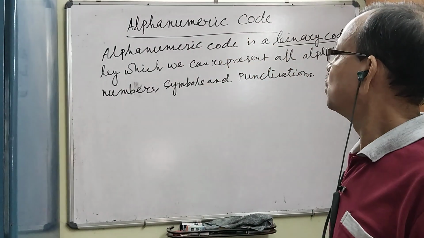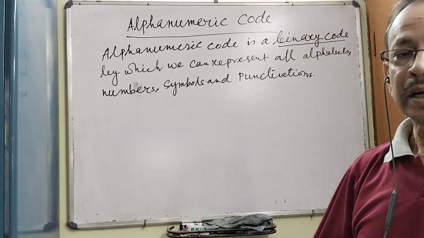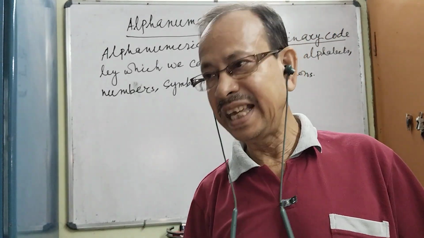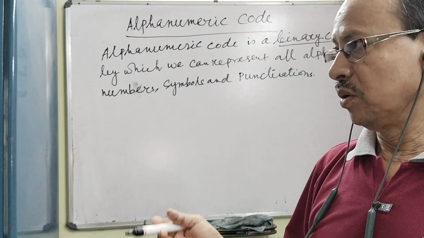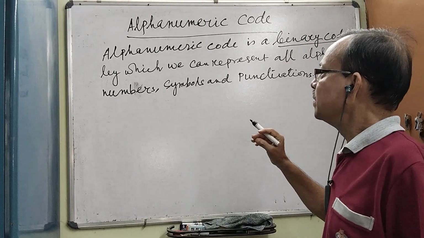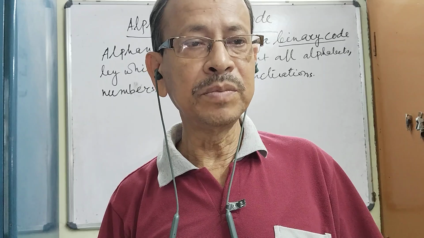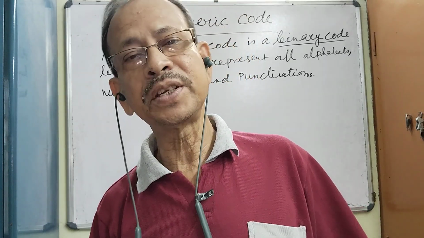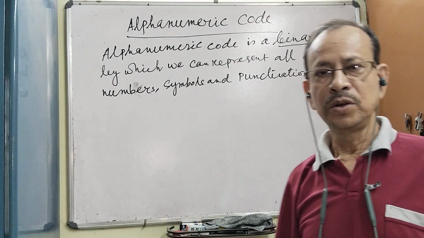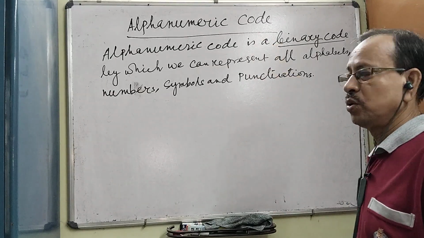So we have to convert our actual data into an encoding system. For example, capital A means 65 in ASCII code, and 0 means some other value, and any symbol or picture is represented by 0 and 1. For this reason, we have to convert data into binary form with the help of alphanumeric code.